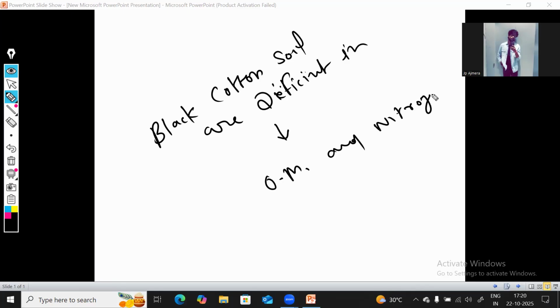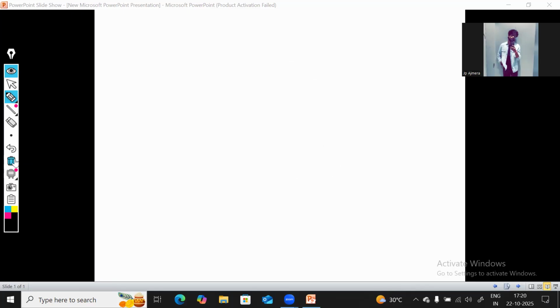That's why we apply urea. Soils are deficient in quantity of nitrogen, so we have to apply fertilizer to supply the nitrogen in soil. All right.